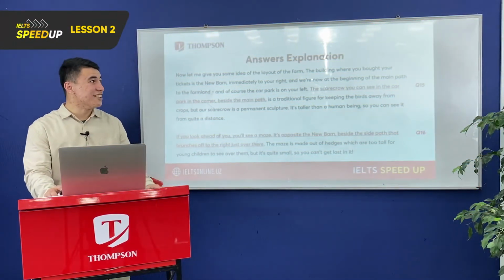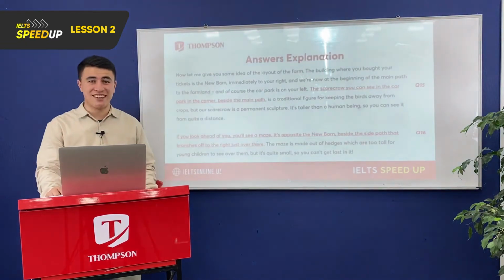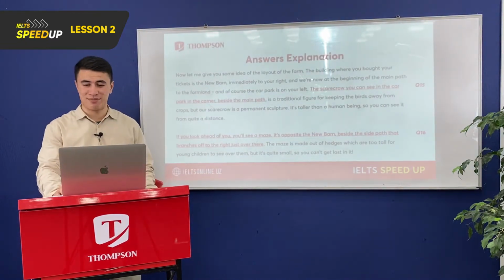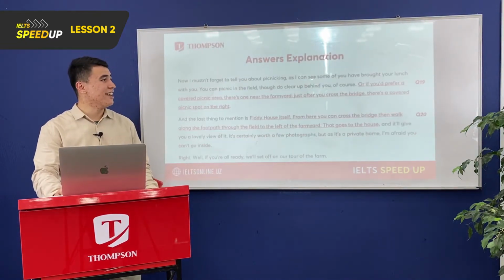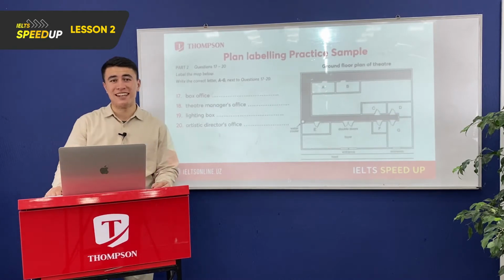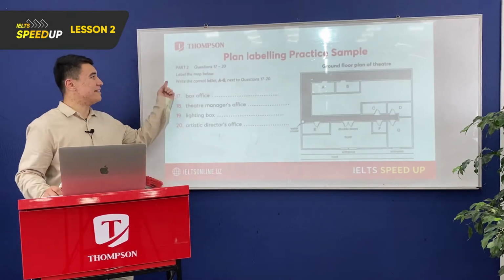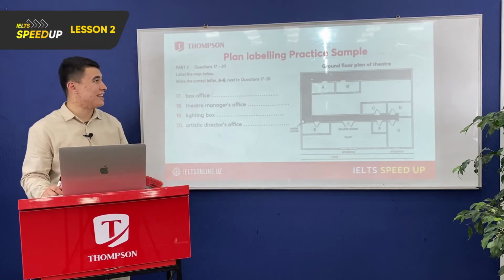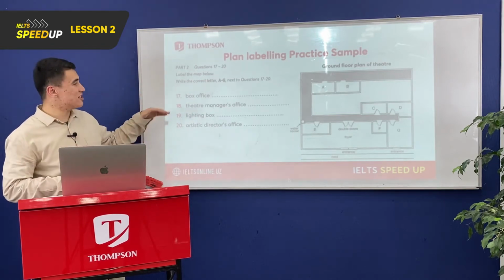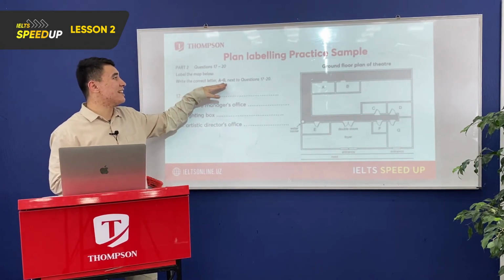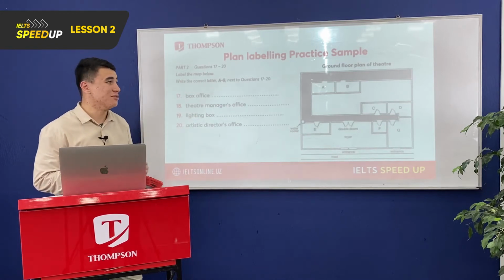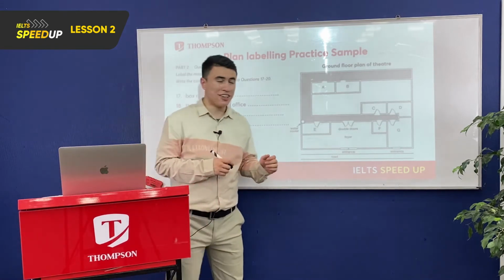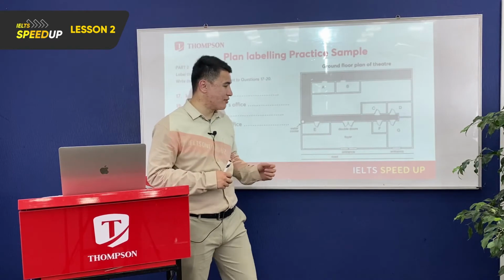So here you can check the answers from the scripts. Okay? So, next question type. This is map labeling. So the instructions are again, write the correct letter from A to G. So here we have two entrances.